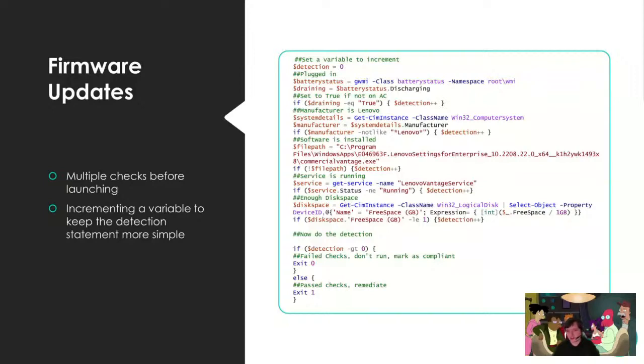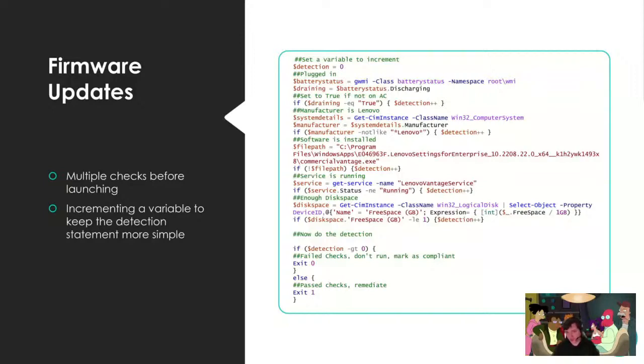We can check if the Lenovo Commercial Vantage software is on there, which is the firmware update software for enterprise machines. Because obviously there's no point triggering a firmware update if the software is not there. So yep, that's there. Increment. Check it's running, obviously, and check there's enough disk space, which I've set to 1 gig in this case, but you can tweak that.